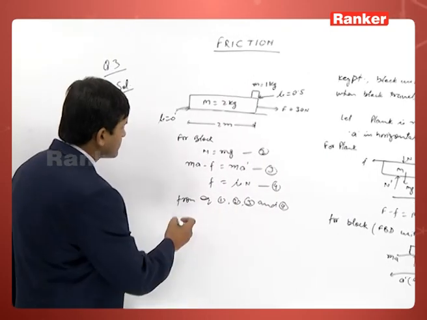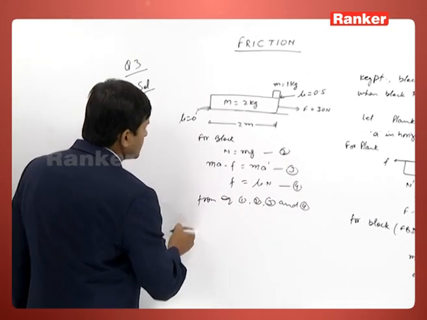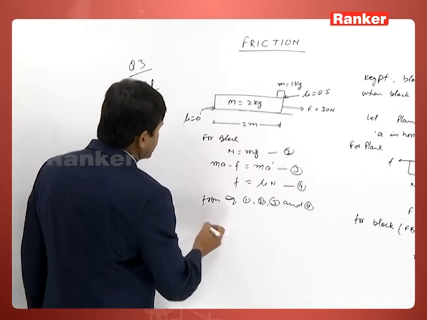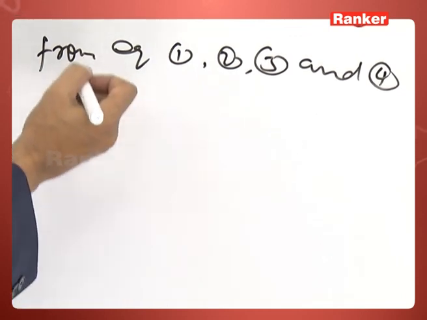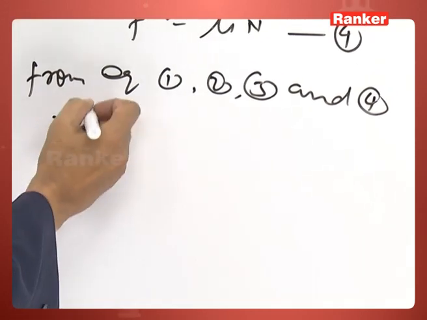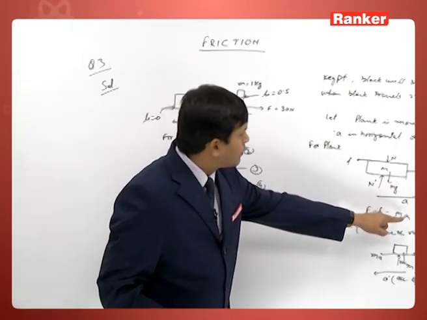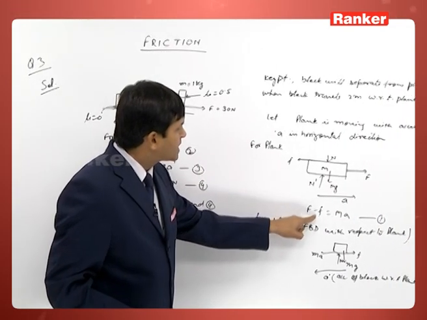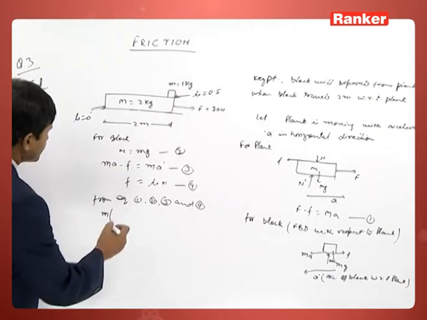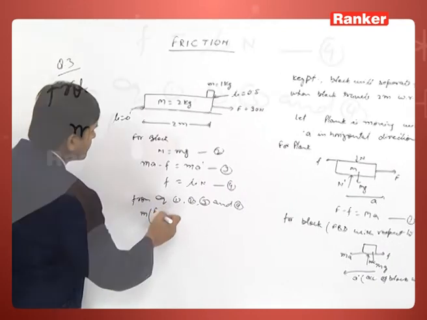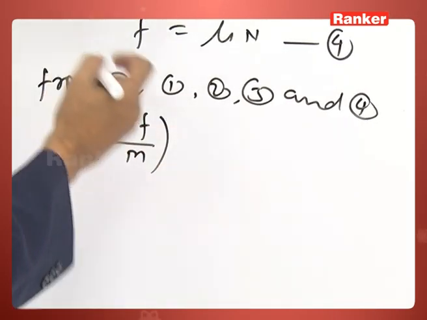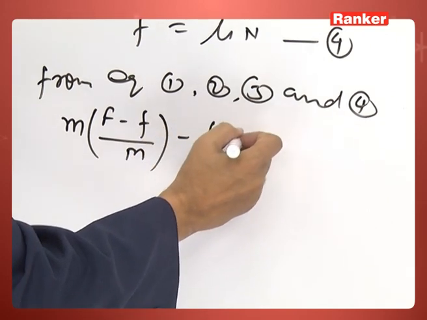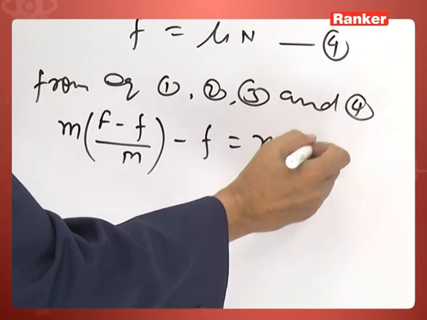So, see, first from first and third. From first and third we can write m, the a value from equation number 1, (F minus f) by capital M, minus f is equal to m a dash.